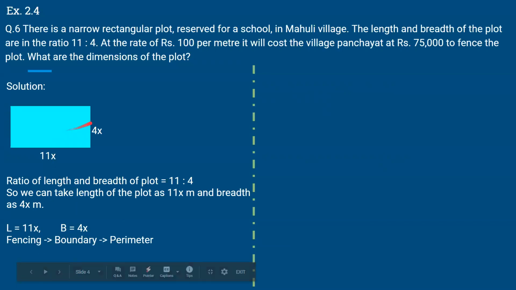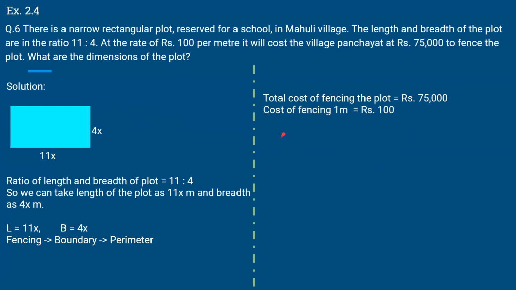The cost of the boundary is given. At the rate of rupees 100 per meter, it will cost the village panchayat rupees 75,000 to fence the plot. Fencing means we have to make the boundary, and boundary means we have to find the perimeter. So actually we have to find the perimeter of the rectangular plot. The total cost of fencing the plot is rupees 75,000.